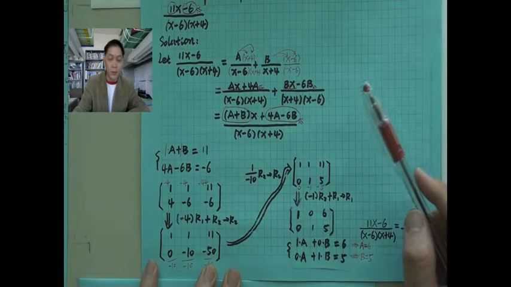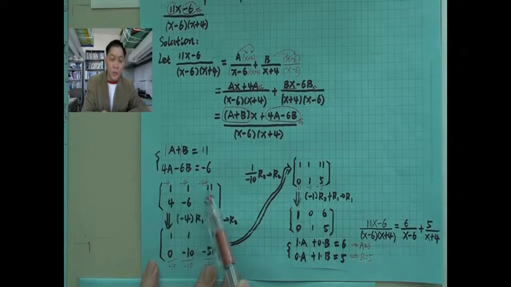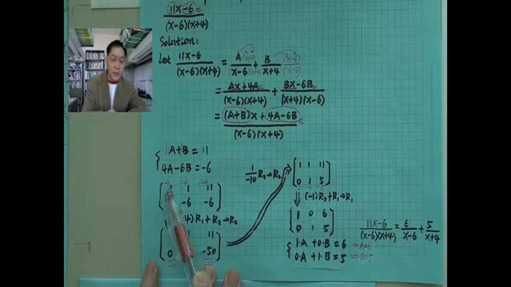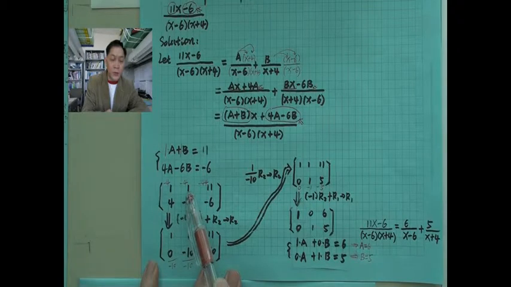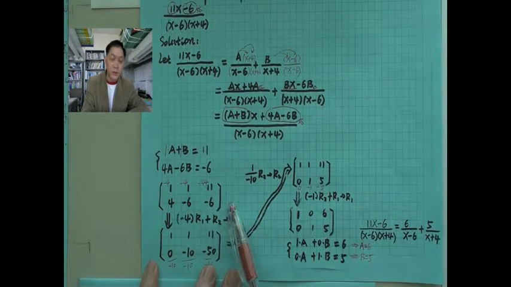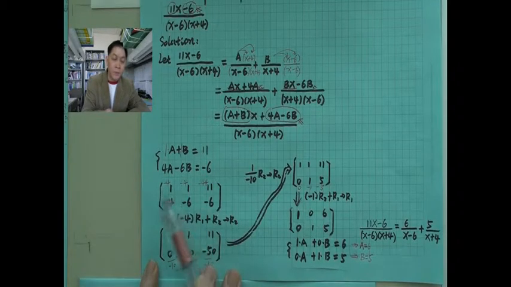Now let's eliminate this 4. So the top row needs to be multiplied by negative 4. You see 1 times negative 4 is negative 4, again negative 4, and 11 times negative 4 is negative 44. We add this red row onto the second one to cancel the 4.